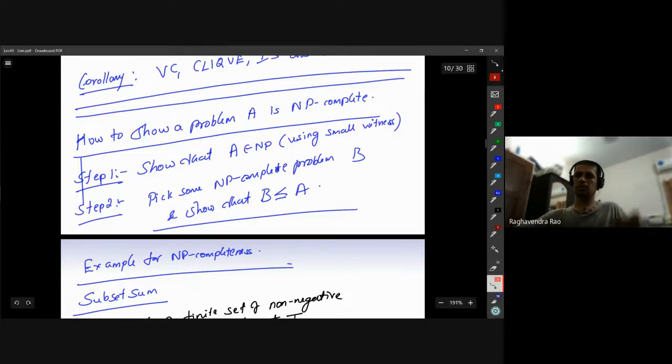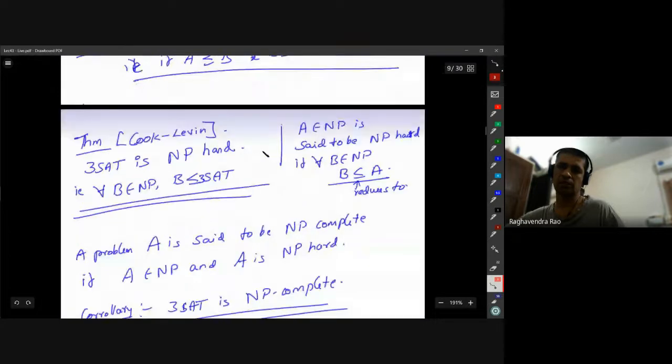Then take some NP complete problem or NP hard problem B, and show that B reduces to A. So there is a polynomial time transformation where every input instance of B is transformed to an input instance of A, such that yes answers are preserved and no answers are preserved. More precisely, this is the definition of reduction that we talked about.